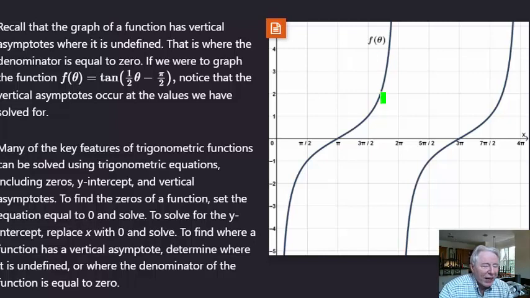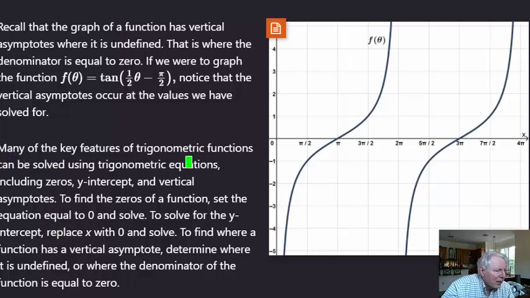It becomes undefined when you divide by 0. That means it gets bigger and bigger and bigger. So it's pointing out that you're asymptotically approaching infinity at 2 pi, and you're asymptotically approaching infinity at 4 pi. So it's justifying the answers by the graph as well. And then this final little bit is interesting.